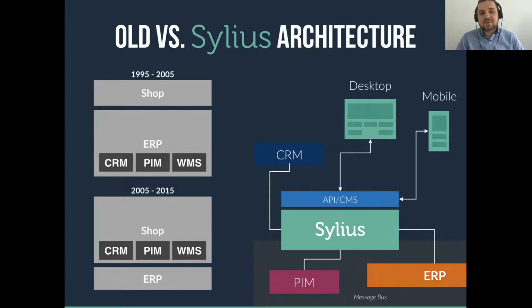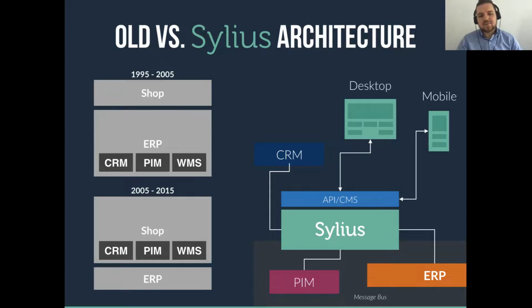When it comes to the architecture, that's how we look at e-commerce platforms. It used to be that the ERP system was doing a lot of heavy lifting, and the shop was just a detail, just another sales channel added to the stack of a retailer or a company. It was taking care of the customers, product information, warehouse, and everything.